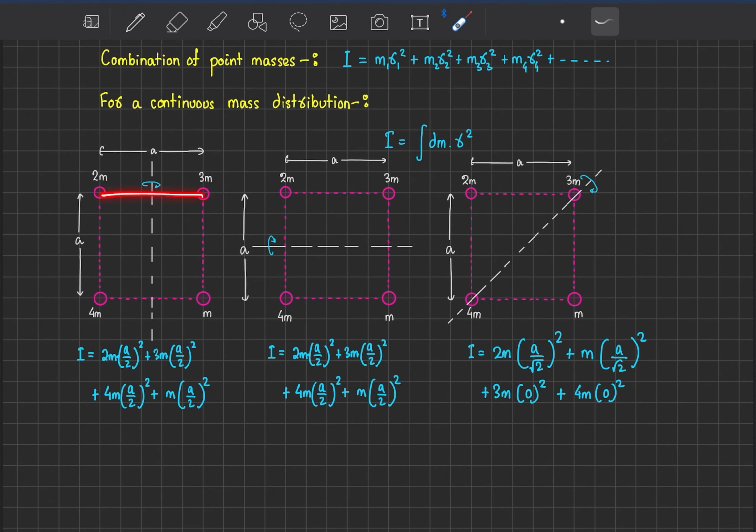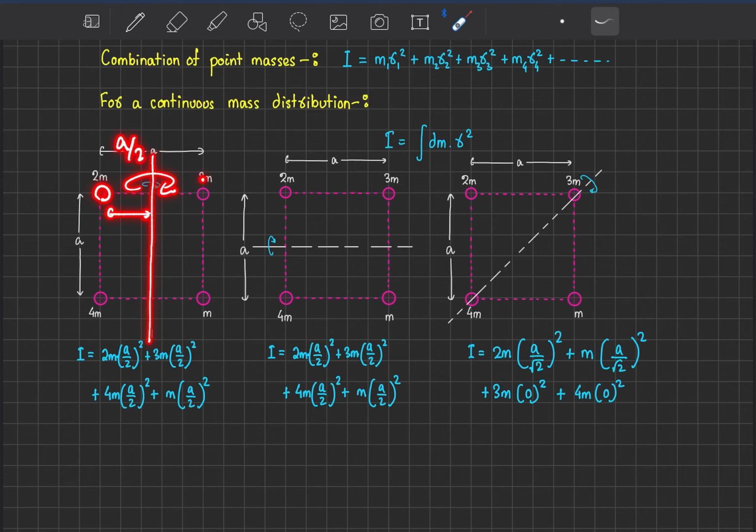Let us say there are 4 masses arranged at the corners of a square, and each side of the square is a. Let us say this mass is 2m, this is 3m, this is m, and this is 4m. If we rotate them about this axis, then for 2m the distance from the axis will be a by 2.